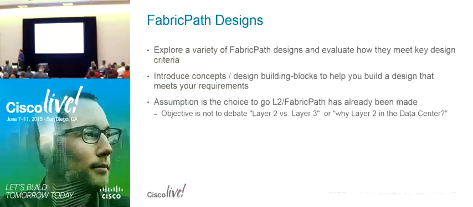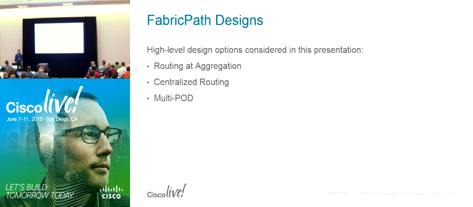The assumption here is that we will not be talking about what is better, layer 2 or layer 3. We have already decided that we are building a layer 2 fabric, and we answered the question, why layer 2 in data center? Having said that, let's have a look at just the high level, the 3 key types of design. Routing at aggregation, routing in a centralized location, and also the multipod.